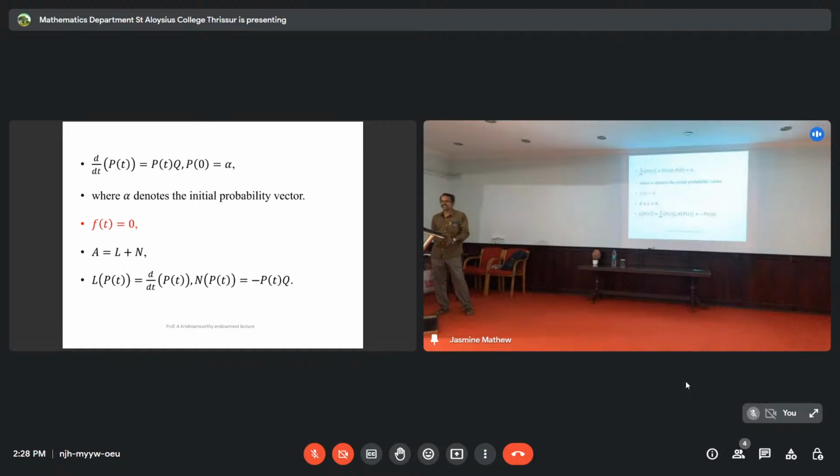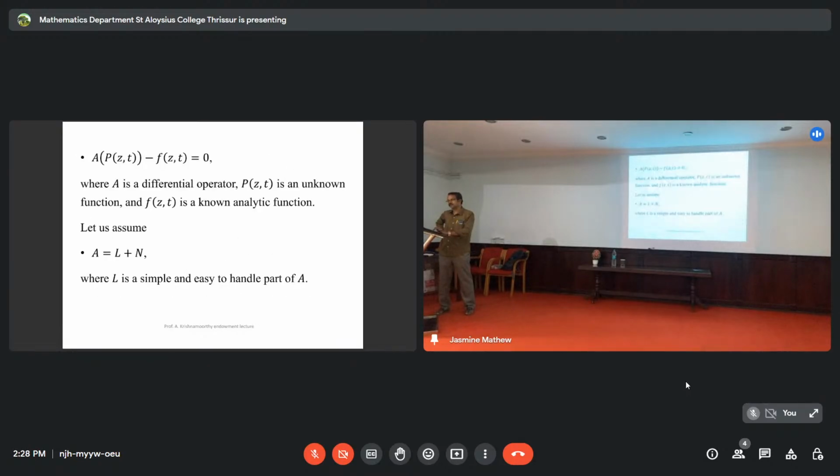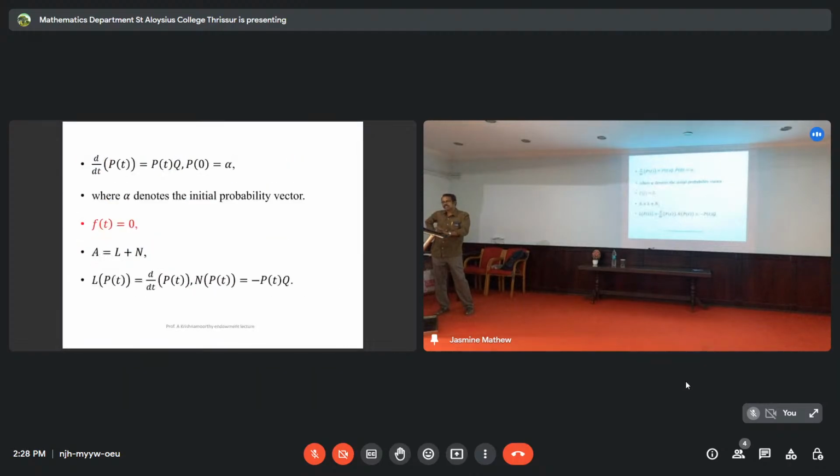The initial condition is that p(0) equal to alpha, the initial probability vector. Here you can say that f(t) is equal to 0. That is this one, that analytic function f(t). So here there is only one variable, z is not a variable here. So f(t) can be seen to be equal to 0.